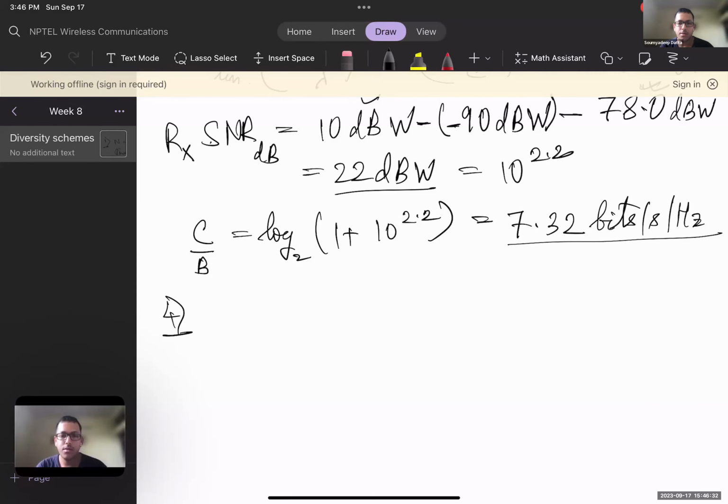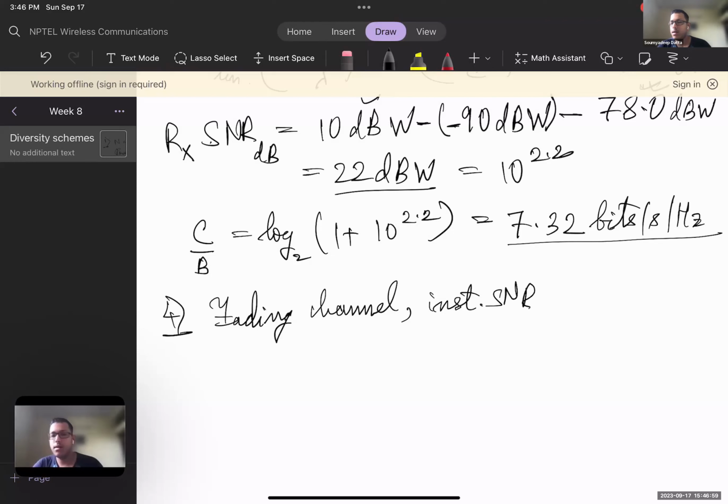You might have a question where you have a table like this, right? You are told you have a fading channel. In a fading channel, your instantaneous SNR is small gamma, which is alpha squared times capital gamma, right?